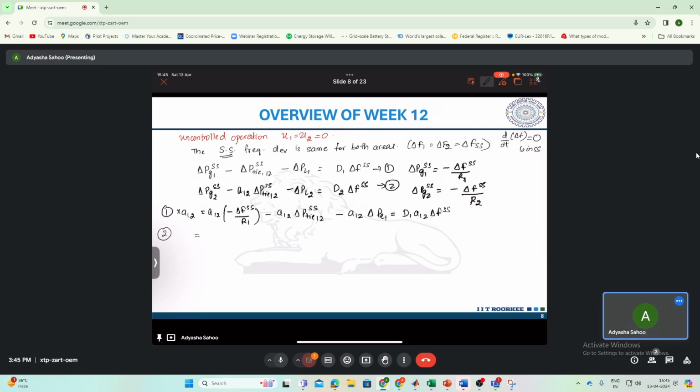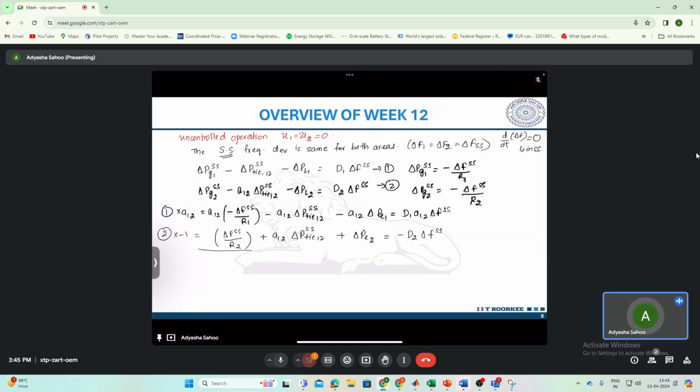Or multiplying by minus 1, that will be delta f SS by R2 plus a12 delta P tie 12 SS plus PL2 equal to minus D2 delta f steady state.